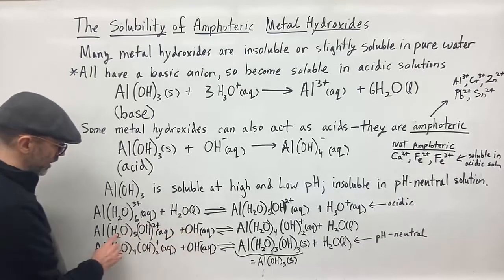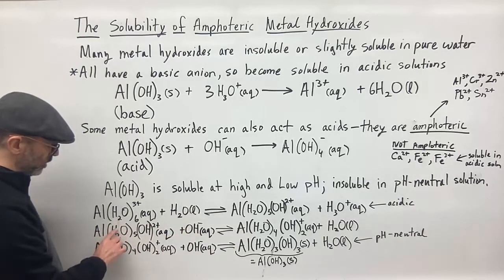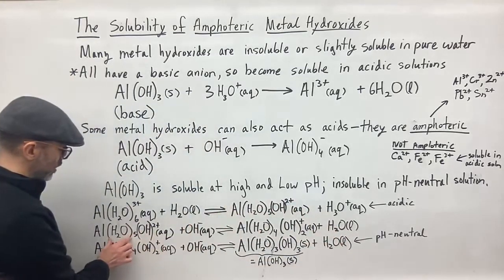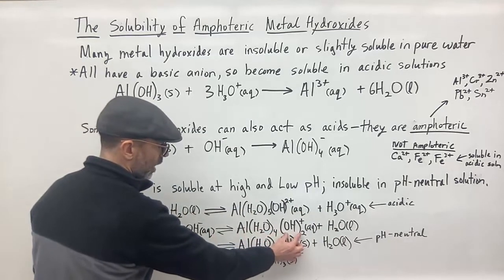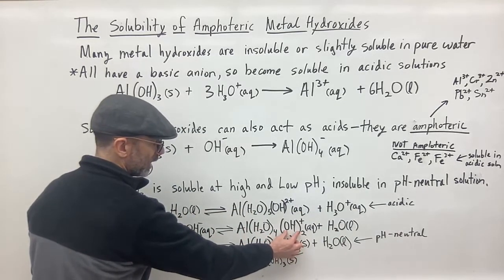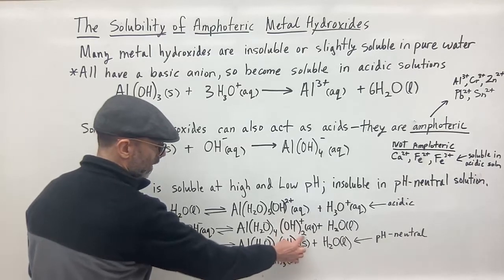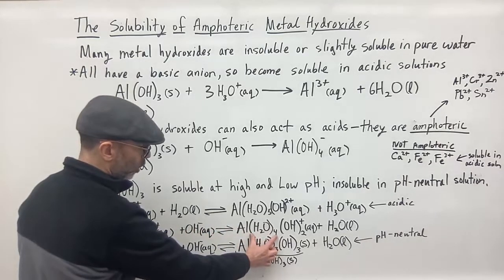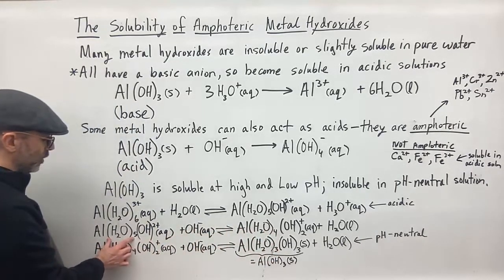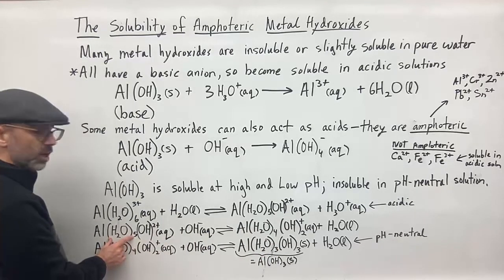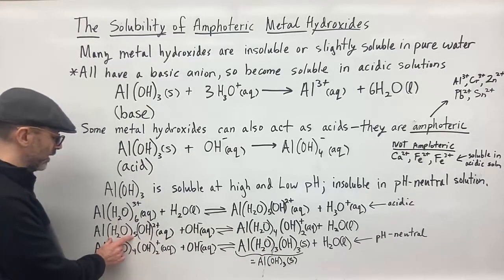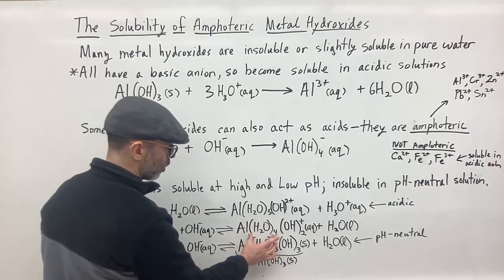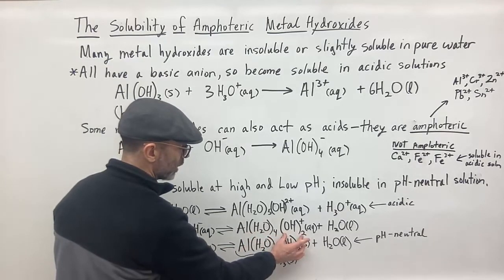So this hydroxide will take one of the hydrogens from one of these water molecules, will form the water molecule here, and then we get another OH ion here. So we get a ligand that is a hydroxide ion. So now we have 2 hydroxide ligands and 4 water ligands. Here we had 5, but now one of them lost a proton and it became a hydroxide ligand. And so now we have aluminum with 4 water ligands and 2 hydroxide ligands.